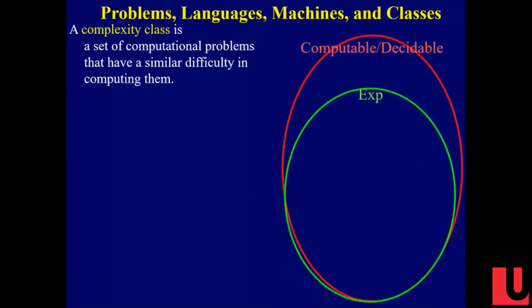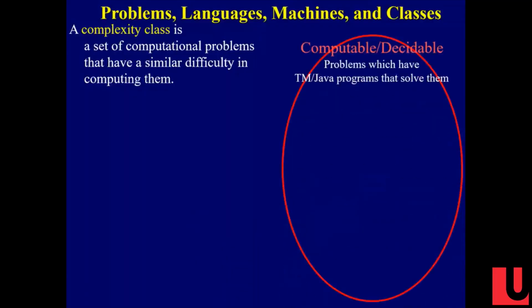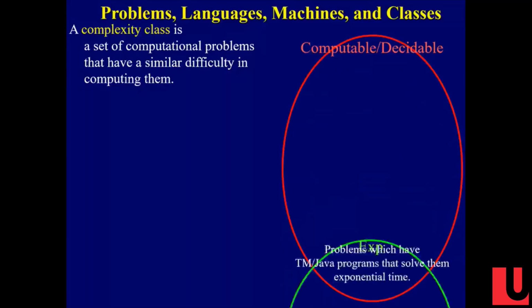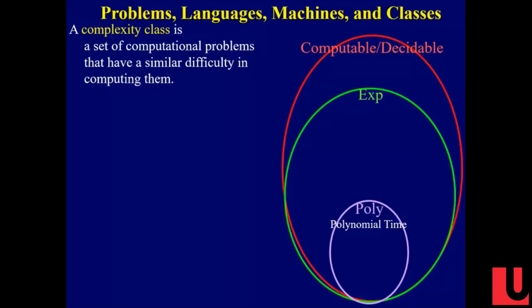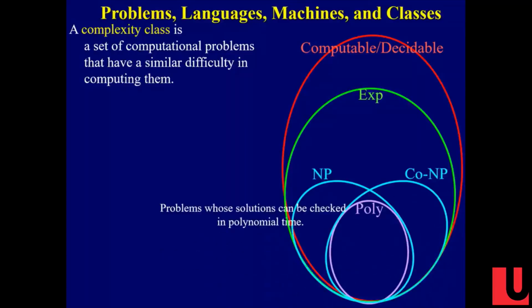So we have these various complexity classes. This is the set of all problems for which there's a Turing machine that decides them. And that's the set of ones for which you can run in exponential time, versus the ones that you run in polynomial time, versus the ones that have a non-deterministic polynomial time algorithm, versus their complements.